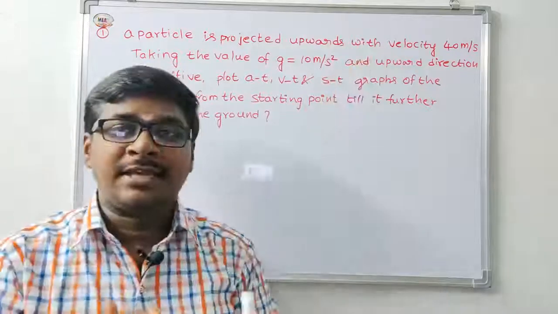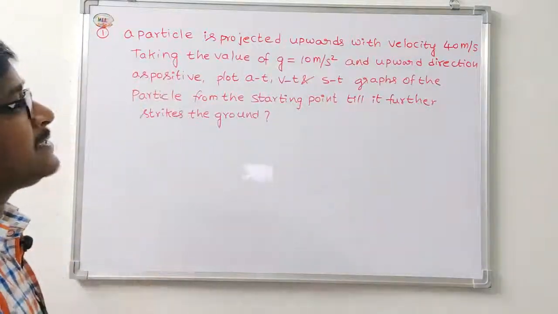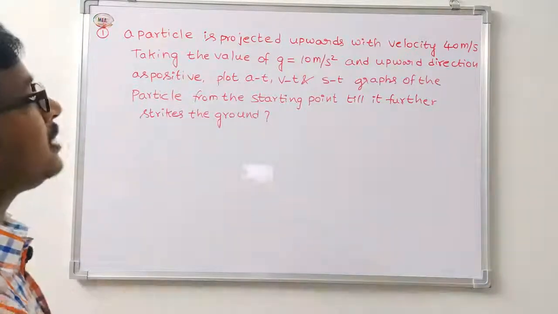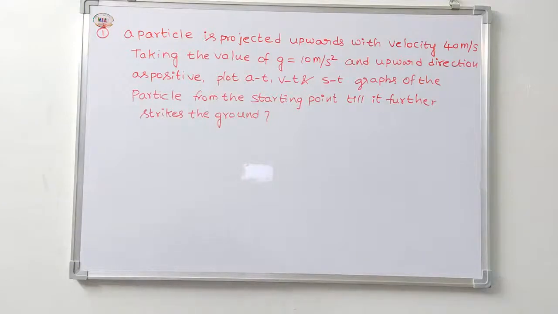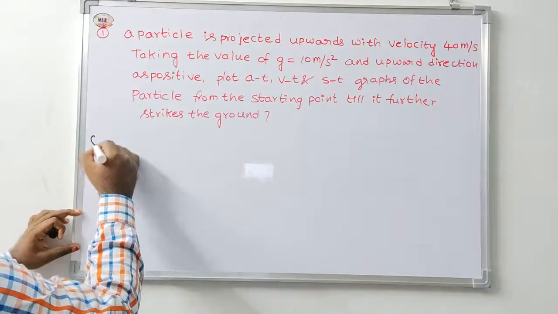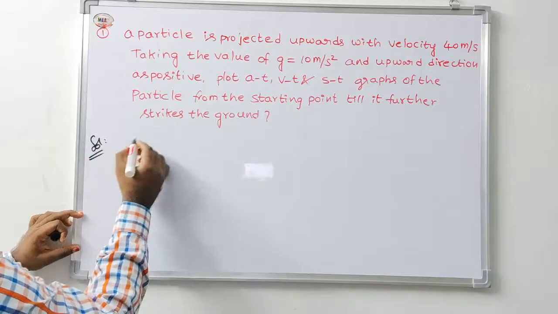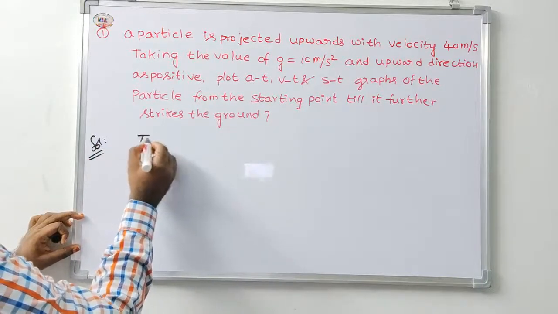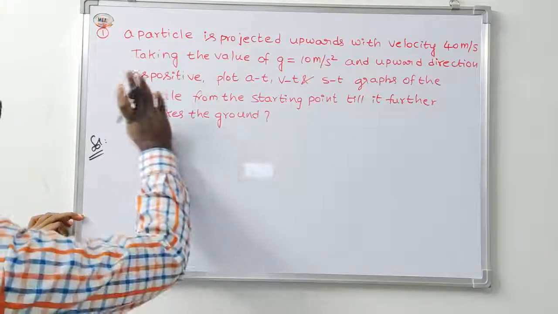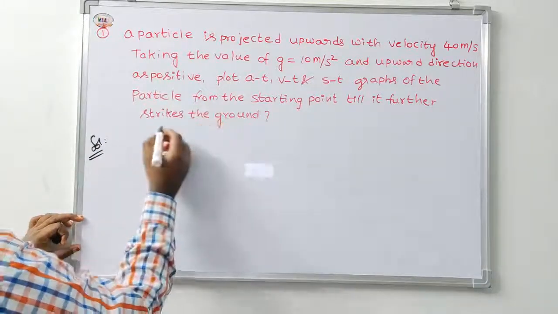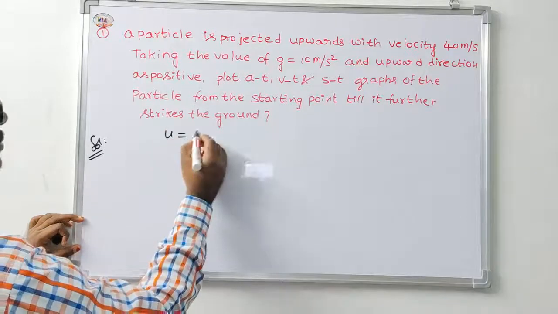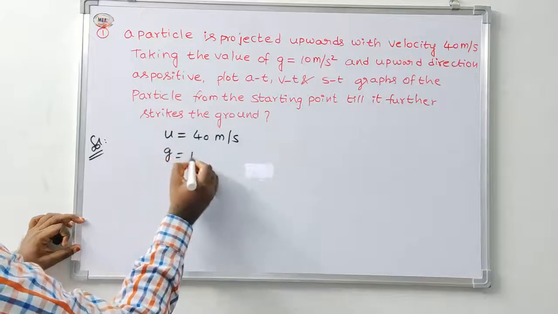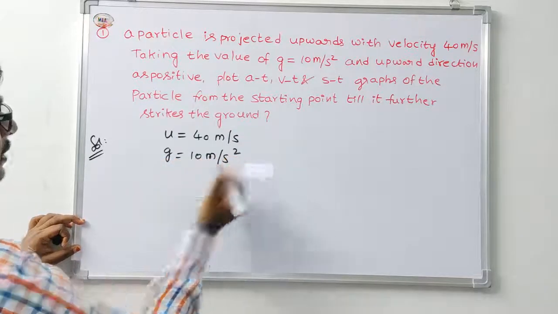Okay, in this problem, the particle is projected upward with initial velocity u equal to 40 meter per second, taking the value of g equal to 10 meter per second square. First, the time of ascent and time of descent, the two are equal. Write the given data: u is equal to 40 meter per second, g is equal to 10 meter per second square.